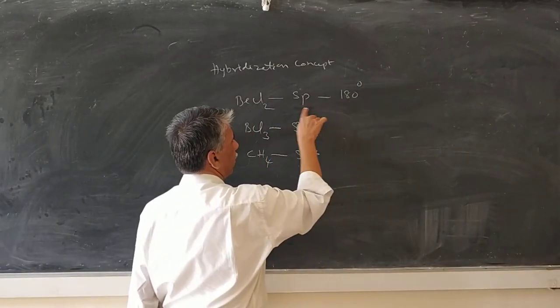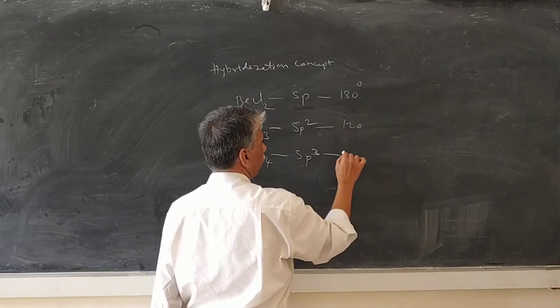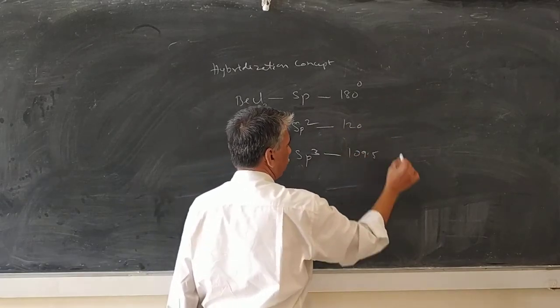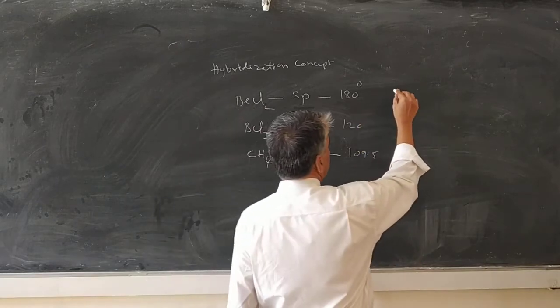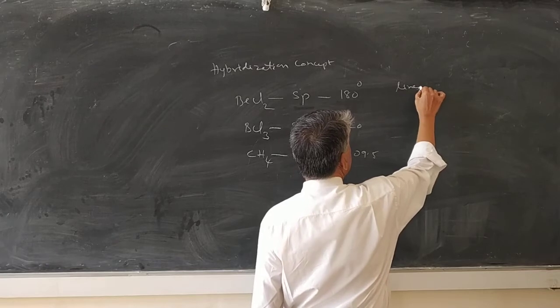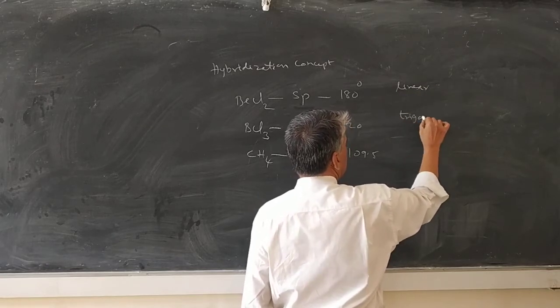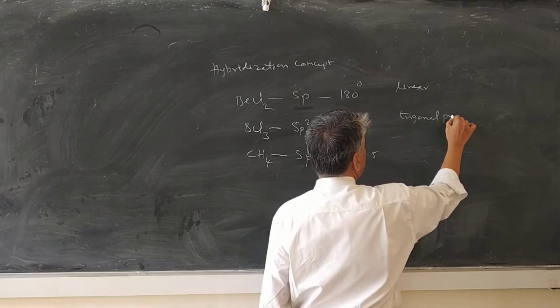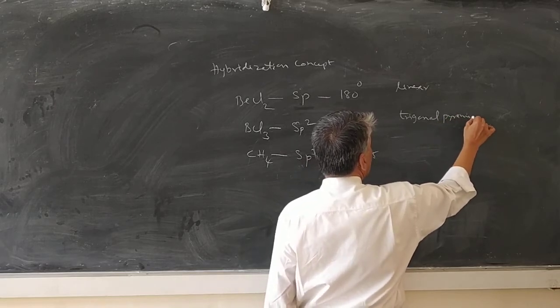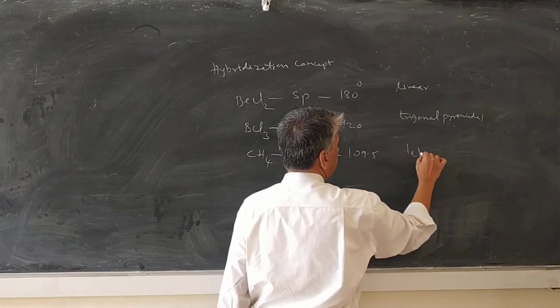For sp hybridization, the bond angle is 180. For this one, it is 120. For this one, it is 109.5. Similarly, the geometry of the molecules: in this case, it is linear. Here it is trigonal planar or triangular structure, and here it is tetrahedral.